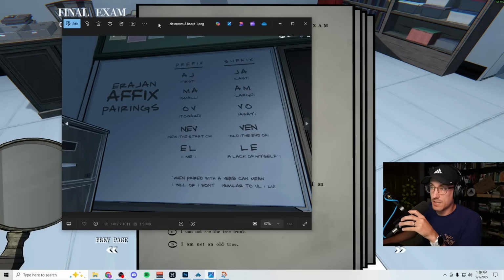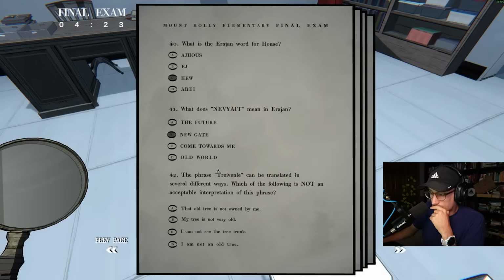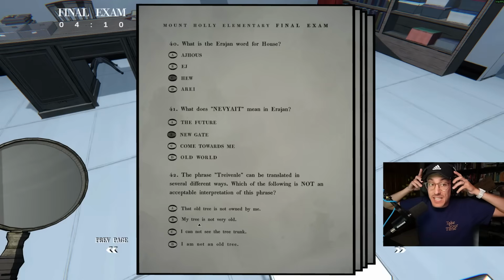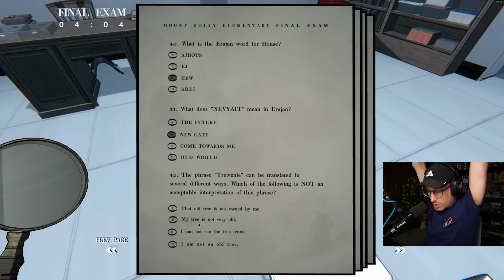A lack of myself, or I won't. Ven means old, but it also means the end of. So, the end of the tree. Which of the following is not an acceptable interpretation of this phrase? One of them is not.